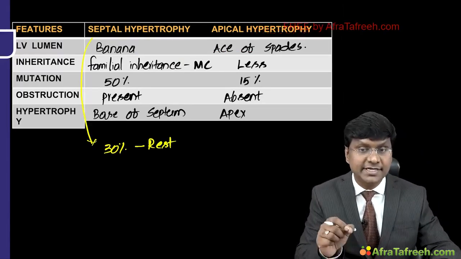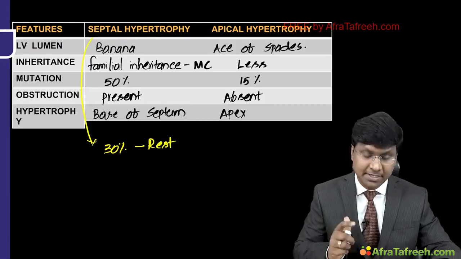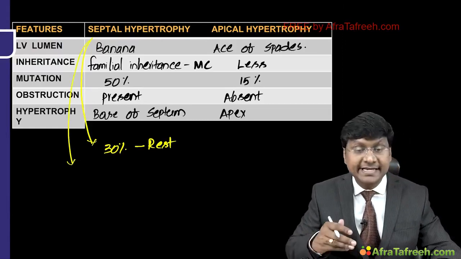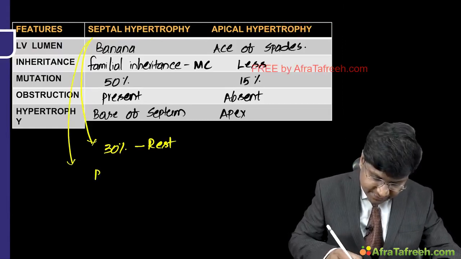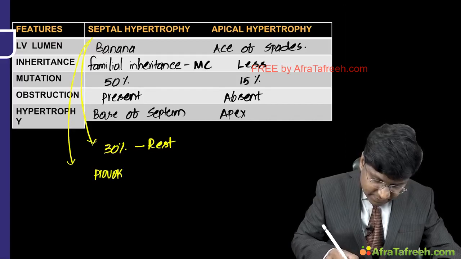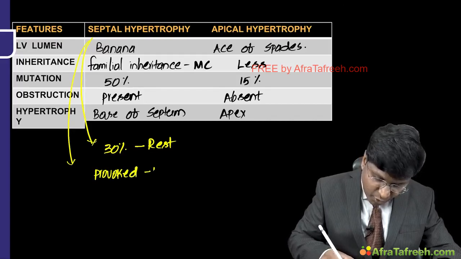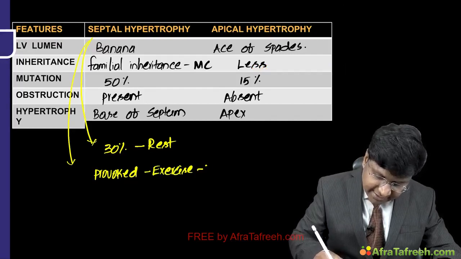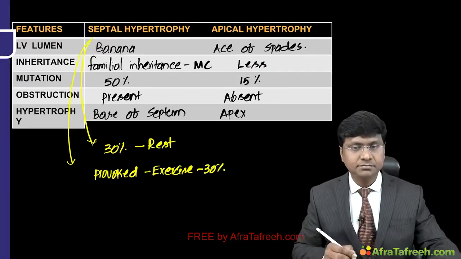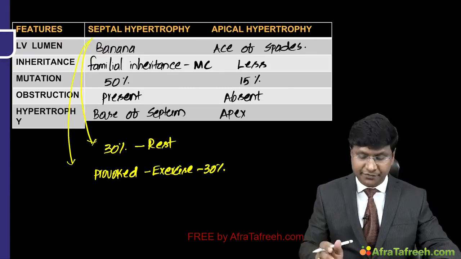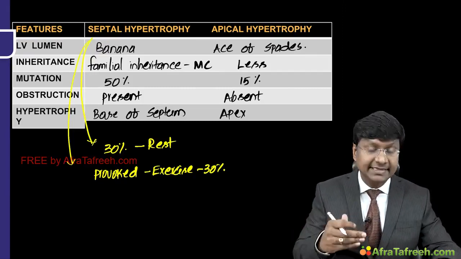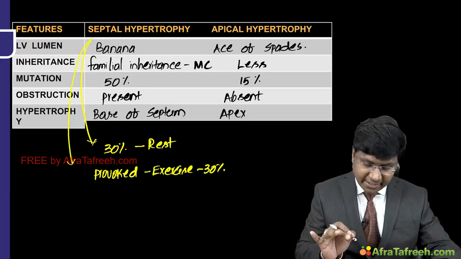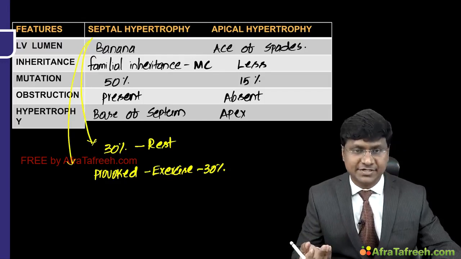But in the other 30% of patients, the obstruction is provoked by exercise. So overall, in 60% of individuals, there will be obstruction, in the provoked state. So that is about septal hypertrophy, like what is the chance of the obstruction.